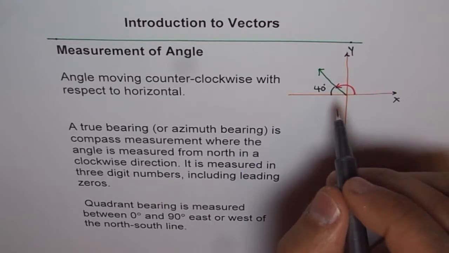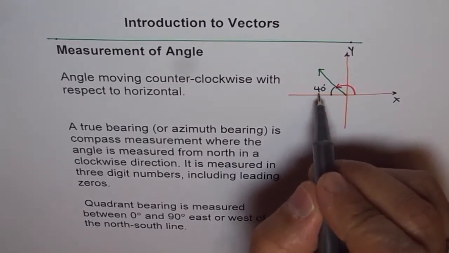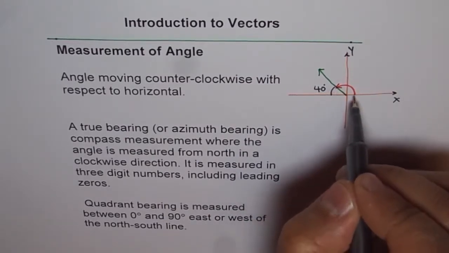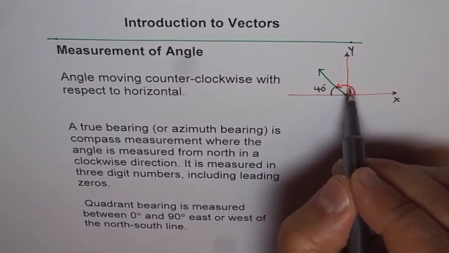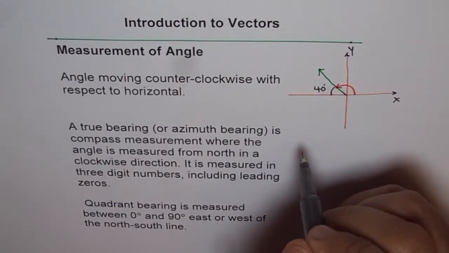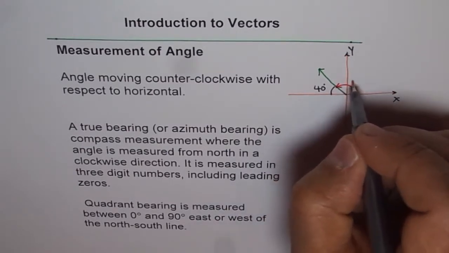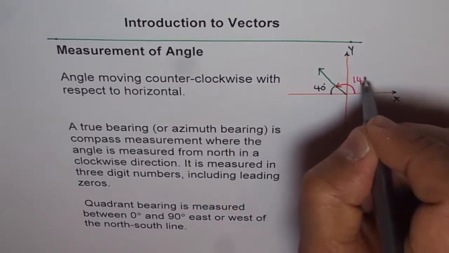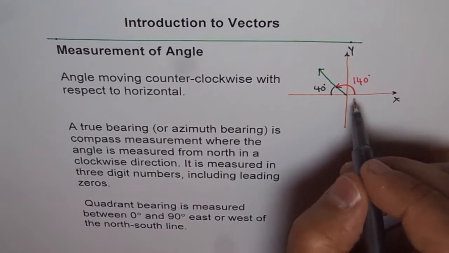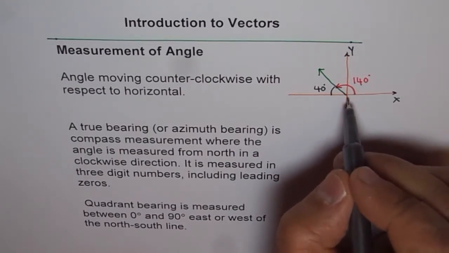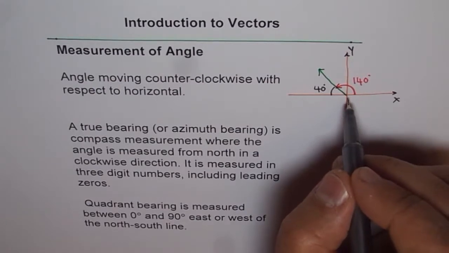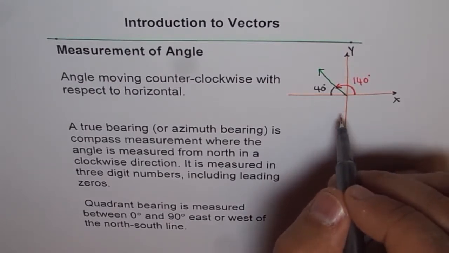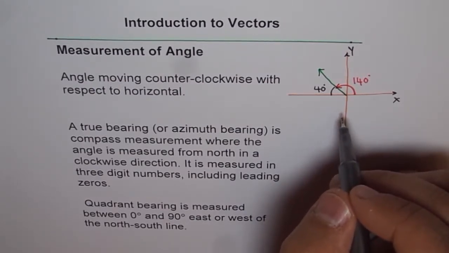Now since it is 40 degrees from here, and we know a line makes 180 degrees, so it should be 180 minus 40. So that means this angle becomes 140 degrees. So this counterclockwise angle from x is always treated positive, and that's one way of referring to the angles in vectors.